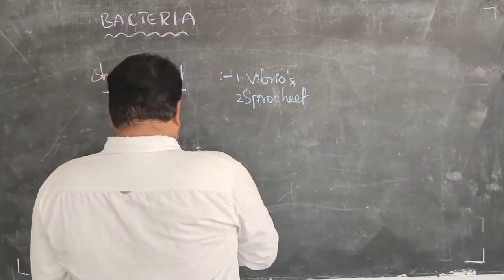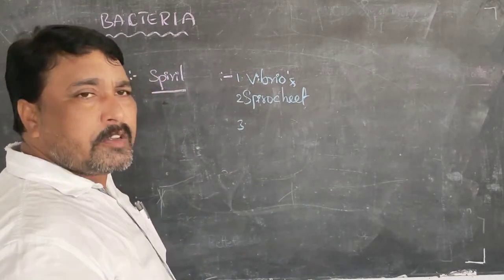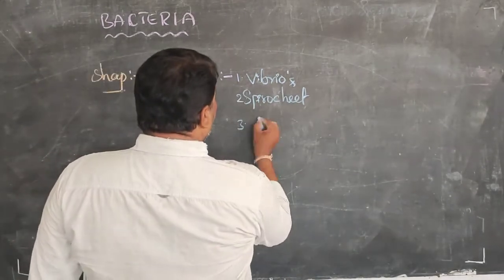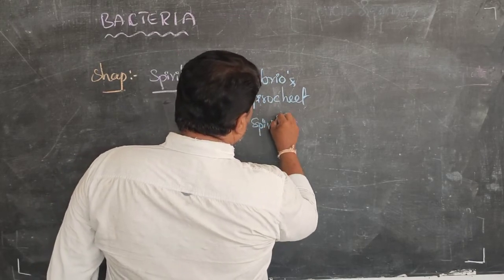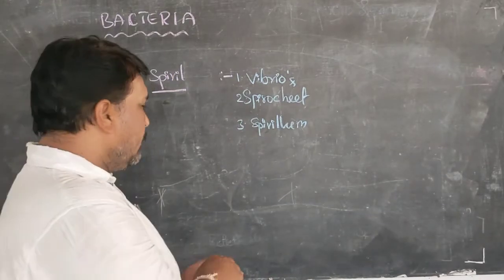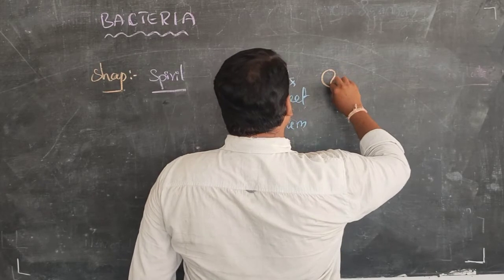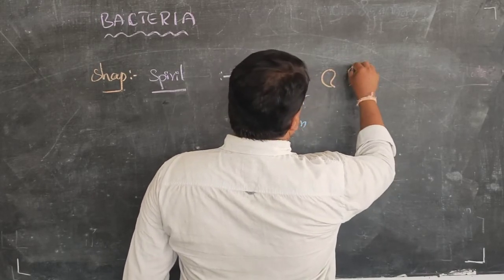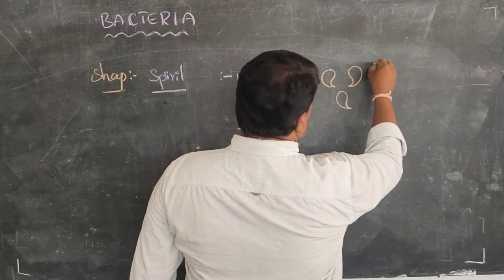And the third one, with two twists, is called spirillum. First one, vibrios, only one twist, looks like a comma-shaped structure.